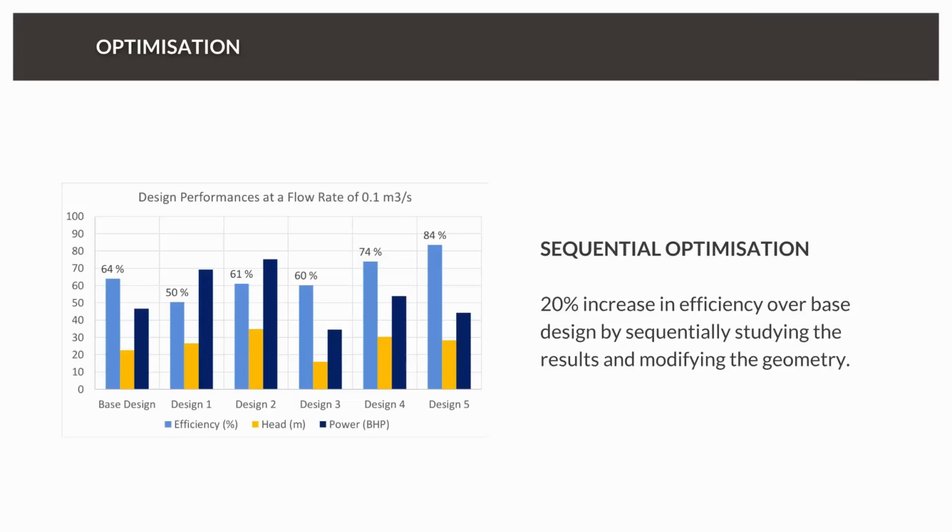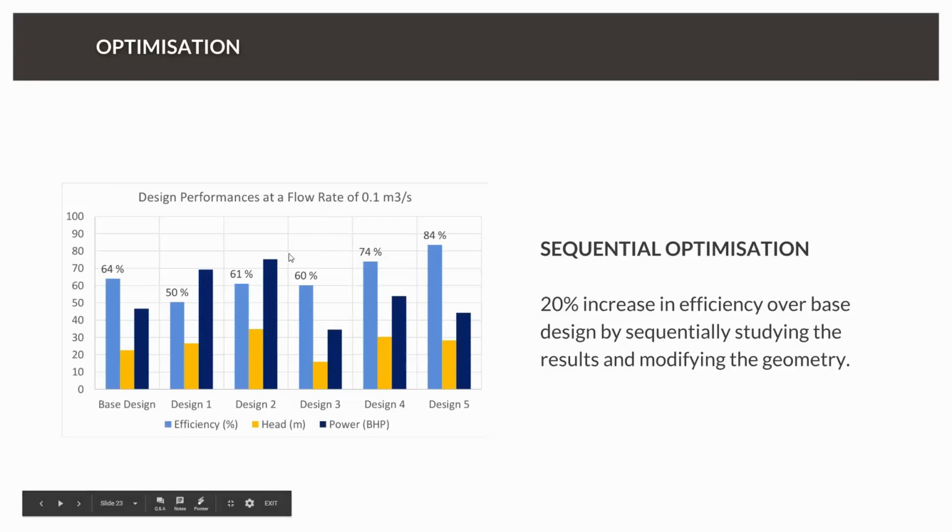And what we can see is that what actually changed is that the power is, let's say, on a medium level. So we have like 45 British horsepower. But the efficiency is quite low. And modifying the design will result in a higher overall force on the impeller, which results in a higher moment and therefore a higher power.